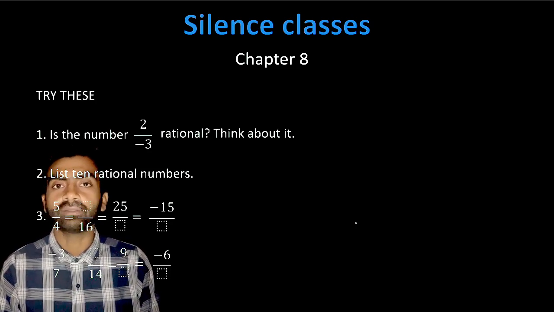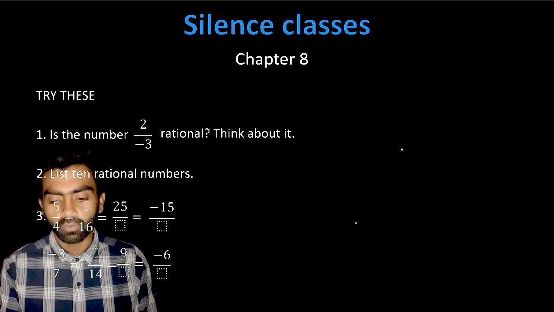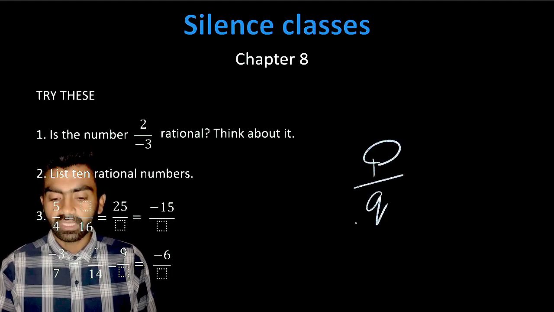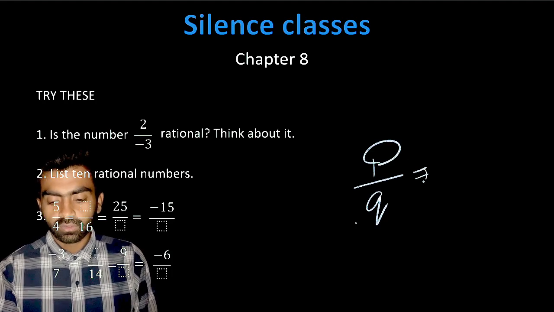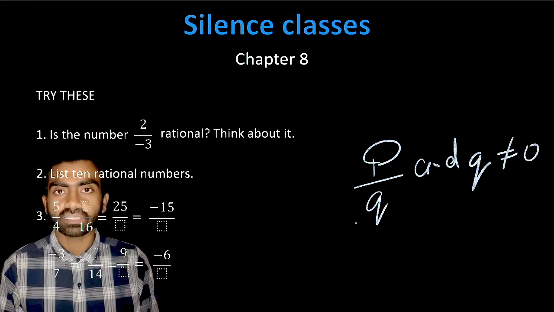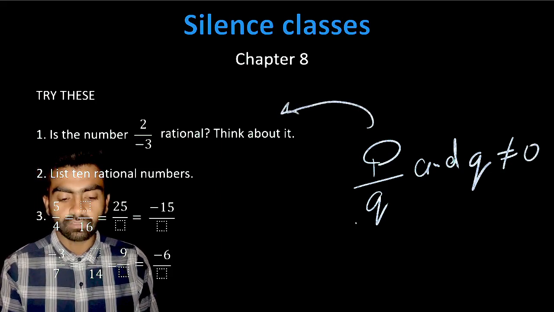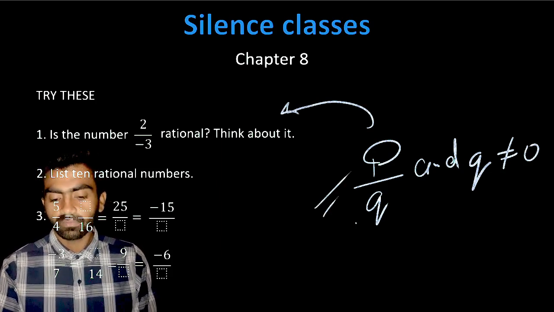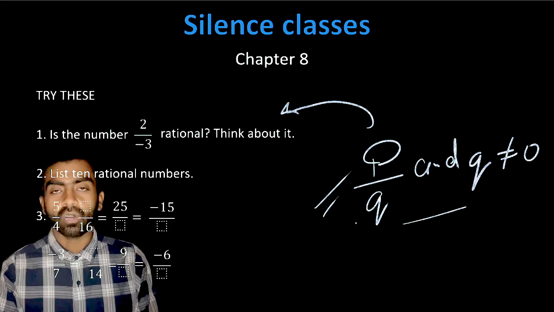Rational numbers are those numbers which are in the form of p upon q, and q is not equal to 0. Now let's check whether 2 upon minus 3 is of this form or not.